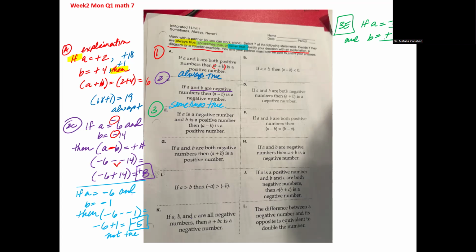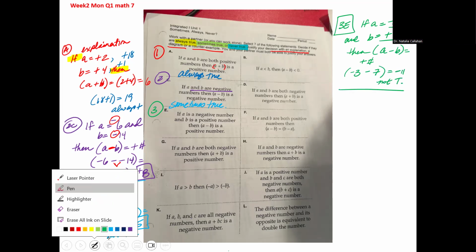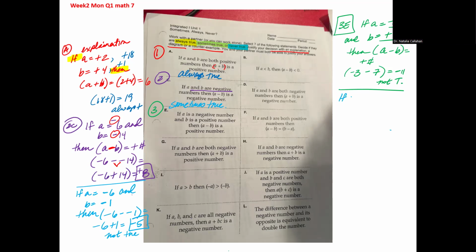Like -7 and positives, right? Then it says A minus B equals a positive number, right? Let's test that out. So -3 minus +7, is that a positive number? Not true, right? But let's try a different one. If A is, what would you want to do for this one? Try that out. Remember how I told you to switch the number?